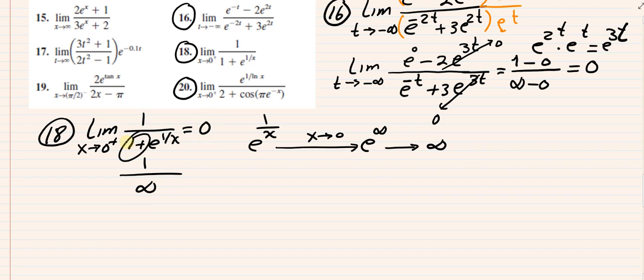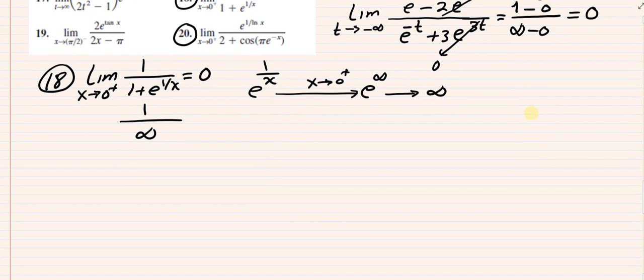Notice the 1 plus has no effect on the behavior of this function, because e to 1 over x approaches infinity, so plus 1 doesn't matter as x approaches 0 from the right in this case. The reason we approach 0 from the right is, when you look at the graph of 1 over x, here's x, this is 1 over x, here's 0.